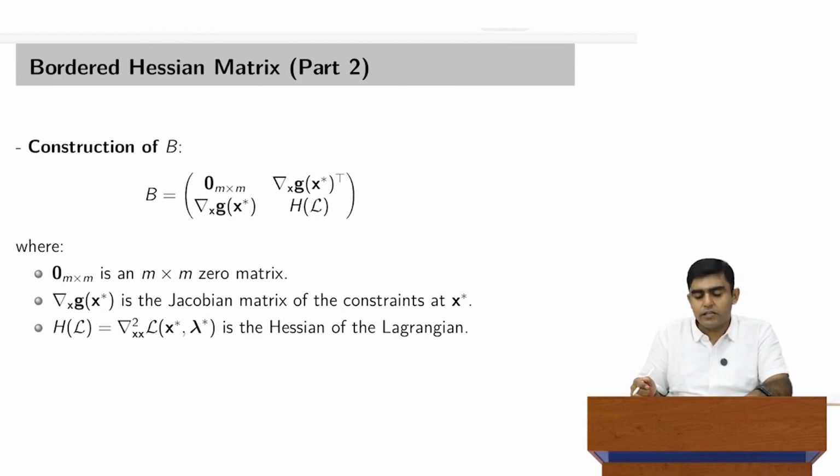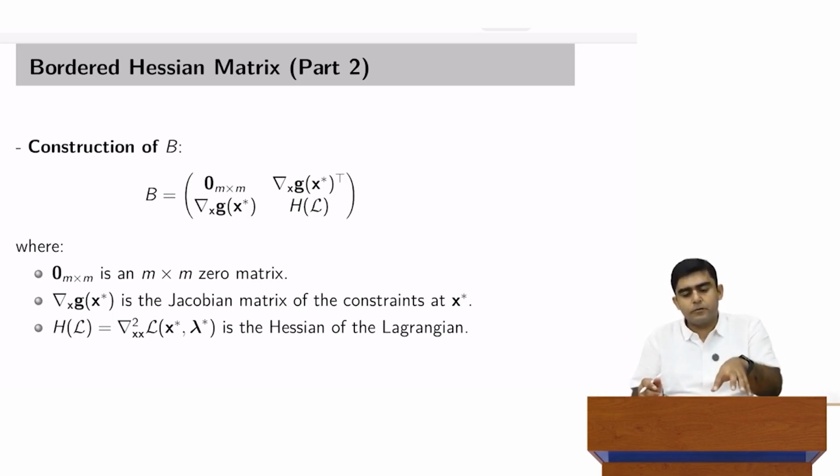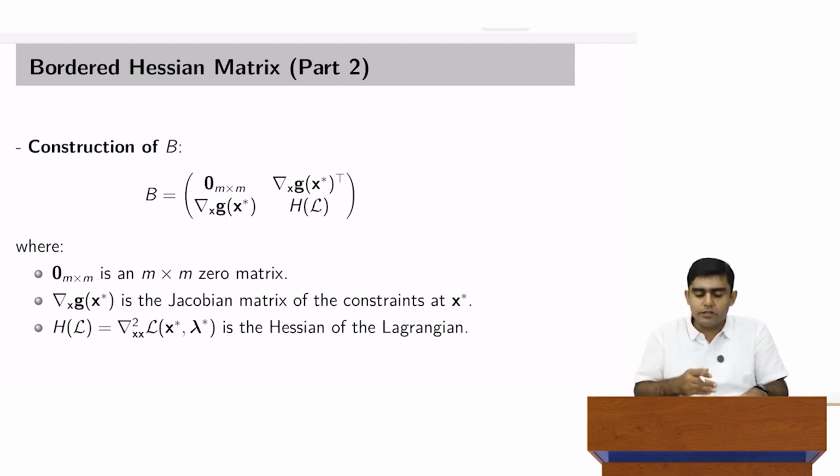So, let us look into the components of the bordered Hessian matrix without worrying about the detailed derivation of how we reach here, because in this course our objective is to use these particular concepts with great intuition to solve the problems. However, if you refer to a standard mathematical book, you should be able to find the derivation of how we go from a Hessian matrix to a bordered Hessian matrix in much more detail, but that is not within the scope of our discussions in this particular course.